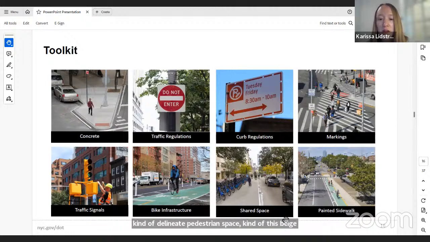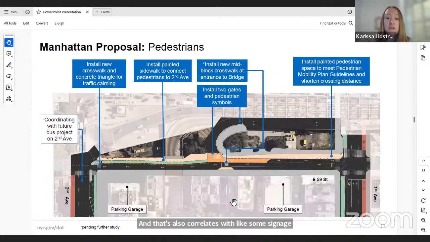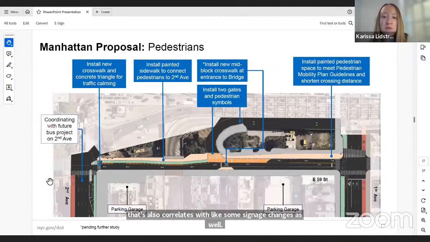And then we also are using another one that's a little more orange in color for shared space, which tells vehicles that yes, you can be here, but you have to drive slowly, but you might also be interacting with bikes or pedestrians in that environment. And that also correlates with some signage changes as well. So let's jump into the proposal.